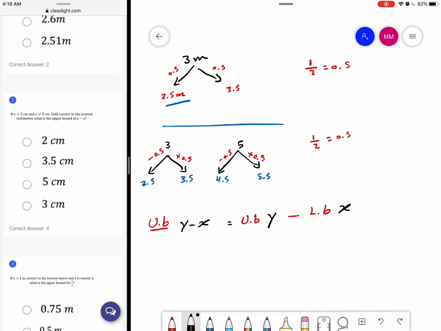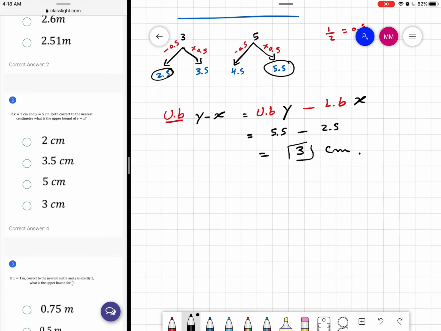To get the upper, it's upper minus lower, and to get the lower, it's lower minus upper. This is for subtraction. So it will be upper of y, 5.5, minus lower of x, 2.5. Make your subtraction, you will get 3 centimeters. I think it's easy.